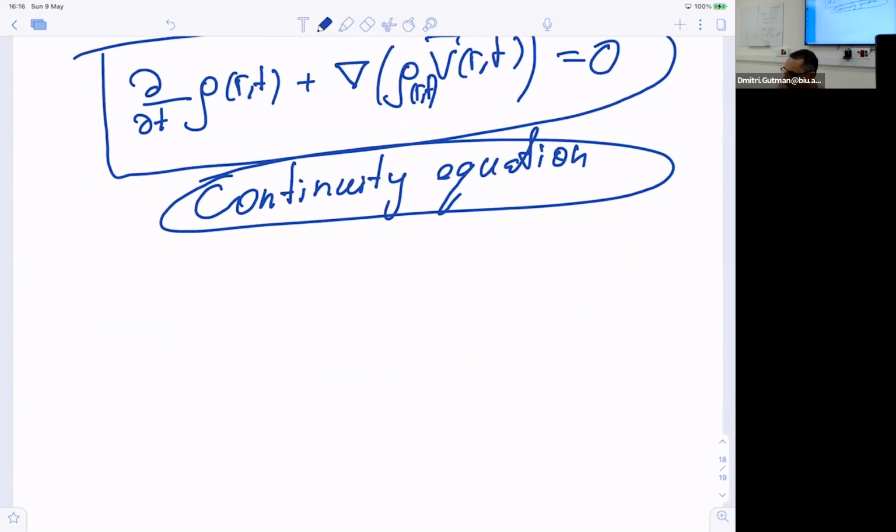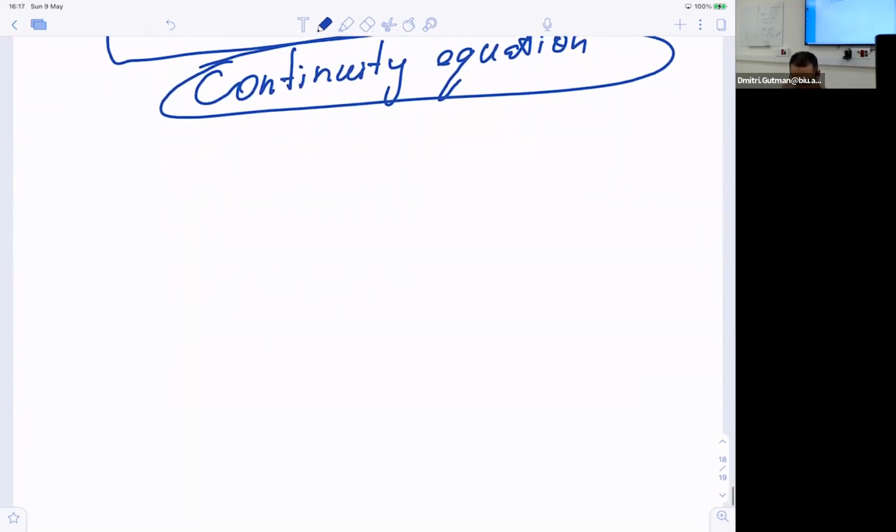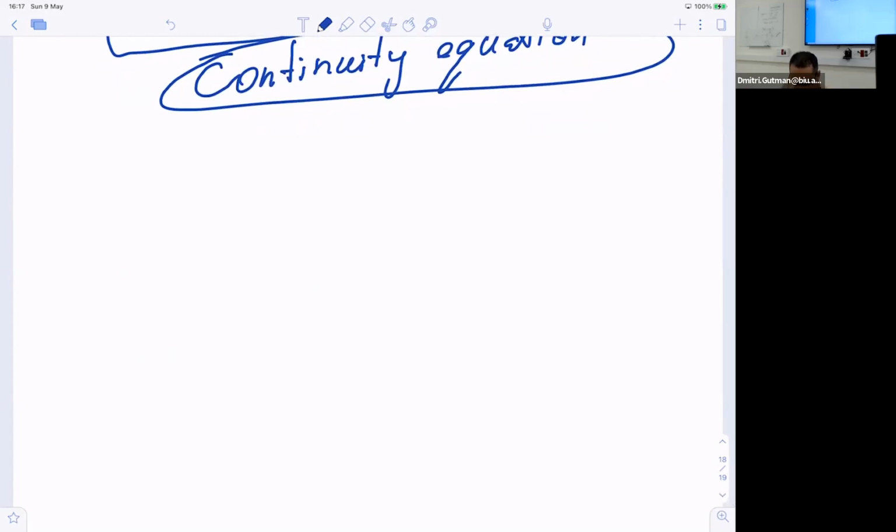Are we good? Okay. Then let's describe the next equation. So the next goal is to derive the Navier-Stokes equation.